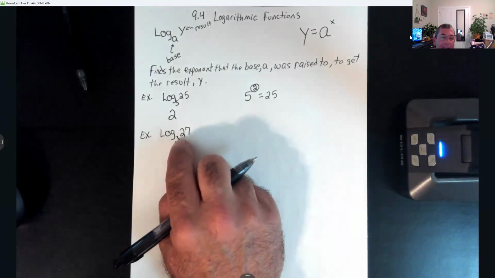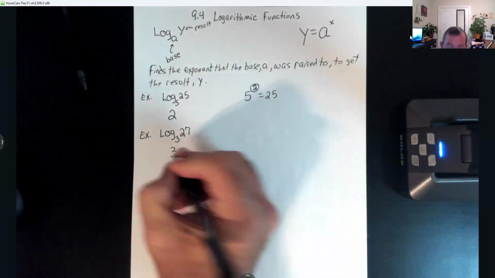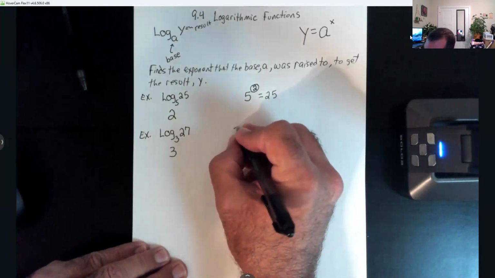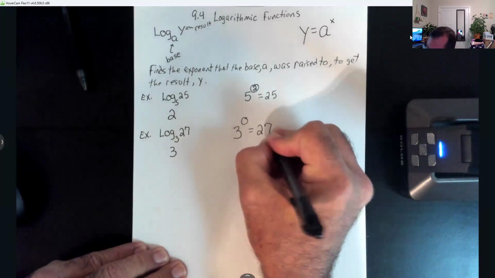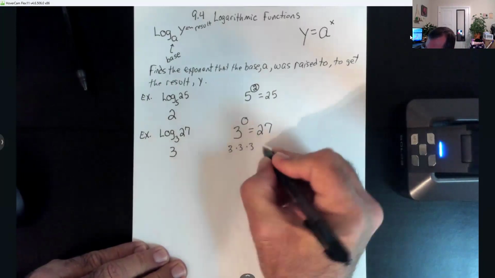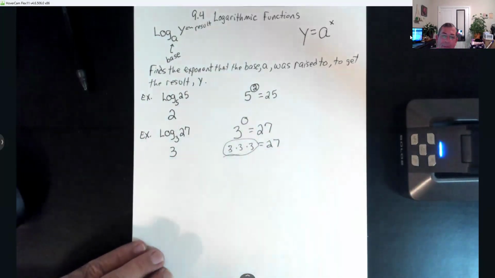What exponent are we raising the 3 to? And that would be a 3. Good job, Jackson. Because remember, this is like 3 to what exponent equals 27? So y'all, you would have to multiply 3 times itself 3 times. Okay?